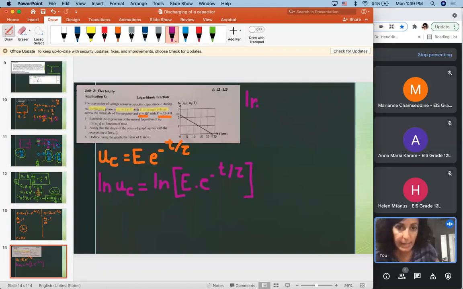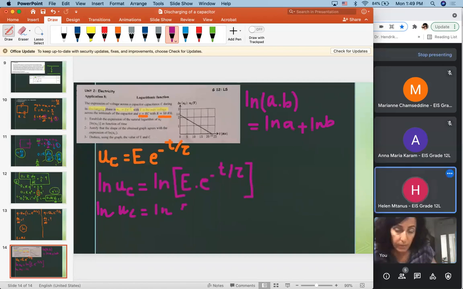If you have ln of A times B, what do you get? Can't you separate A and B? ln A plus ln B. Thank you so much. I'm gonna use those properties. If you don't know them, Miss Jessie is giving you reminders. So ln UC is gonna be equal to ln E by itself plus ln of the exponential of minus t over tau.